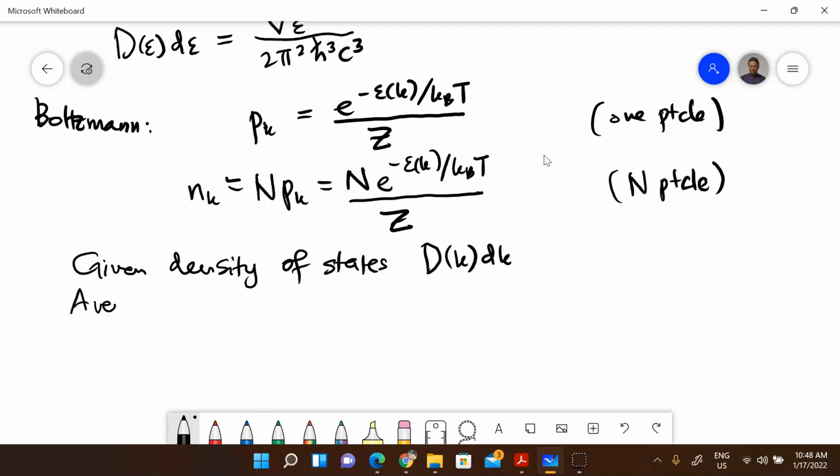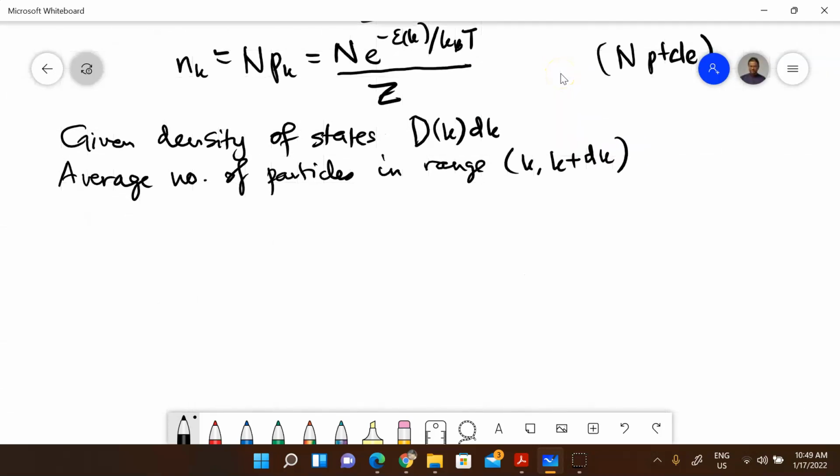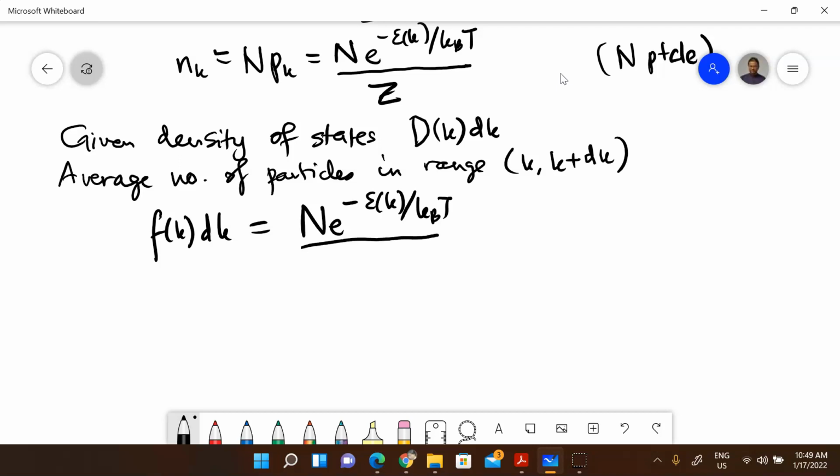So now we can do the average number of particles in the range k to k plus dk, which is given by the following: N e to the minus epsilon k over k B T, over Z, dk.